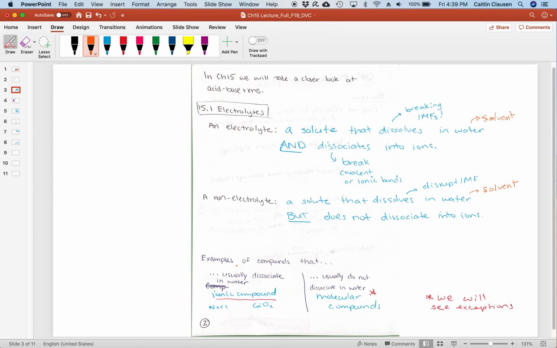Usually, compounds that dissociate tend to be ionic compounds, and compounds that do not dissociate tend to be molecular compounds. So we would say ionic compounds are usually electrolytes, and molecular compounds are usually non-electrolytes.